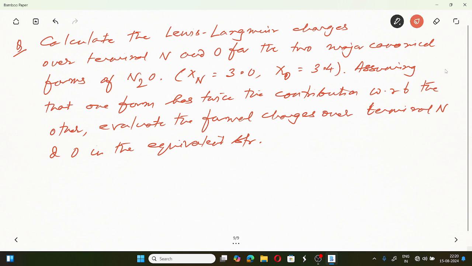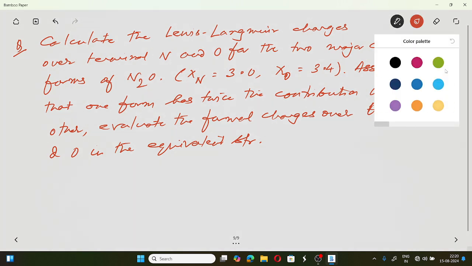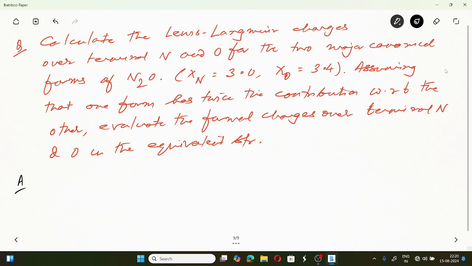So try to understand the problem properly. What is being said here? It says the Lewis-Langmuir formal charge for two canonical forms of N2O. You know that the structure of N2O, this is NNO, it is linear.